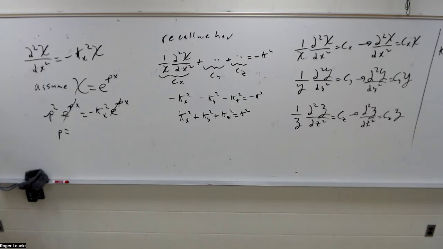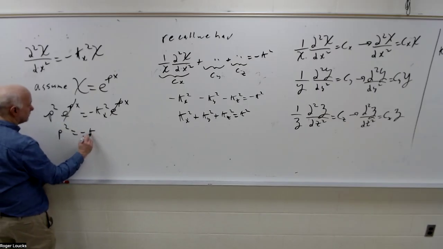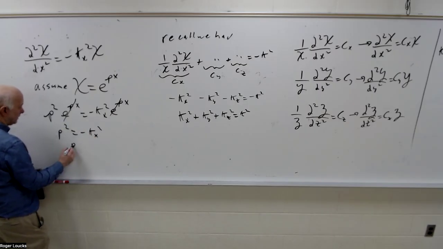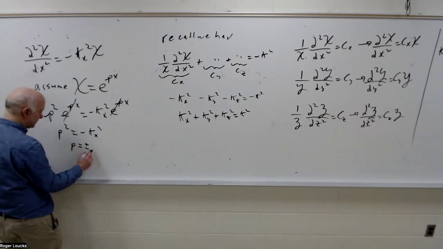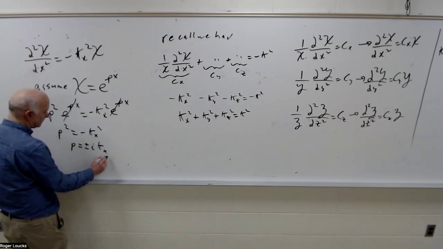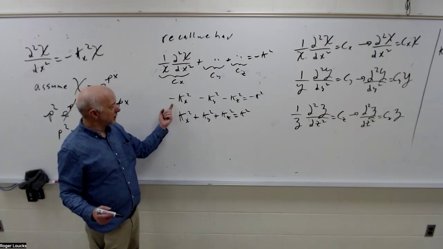Minus kx. Okay, so we have this, p squared is this. p is plus or minus i kx. Why did we take this squared? When we took the constant, remember we said let's define it to be minus kx squared.